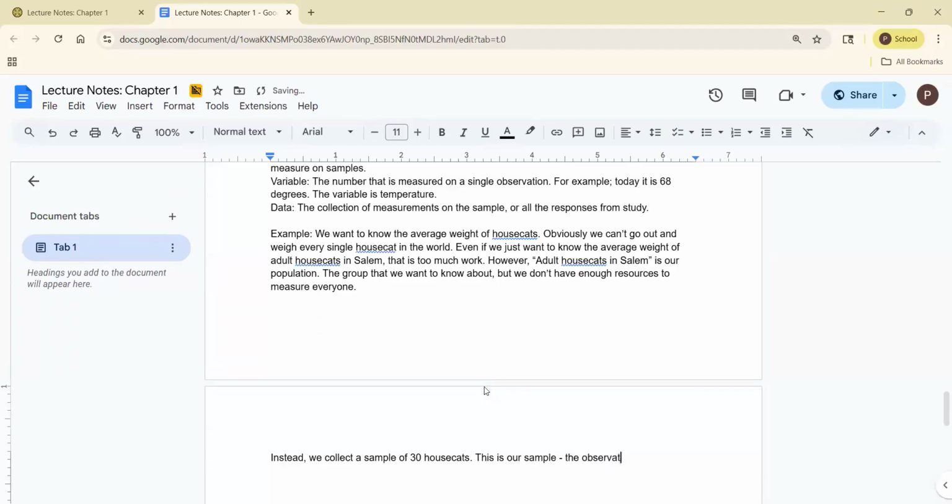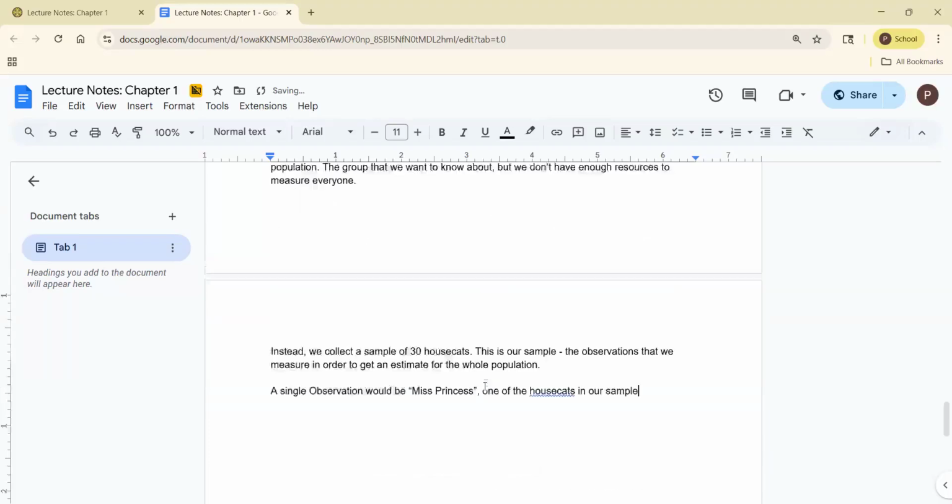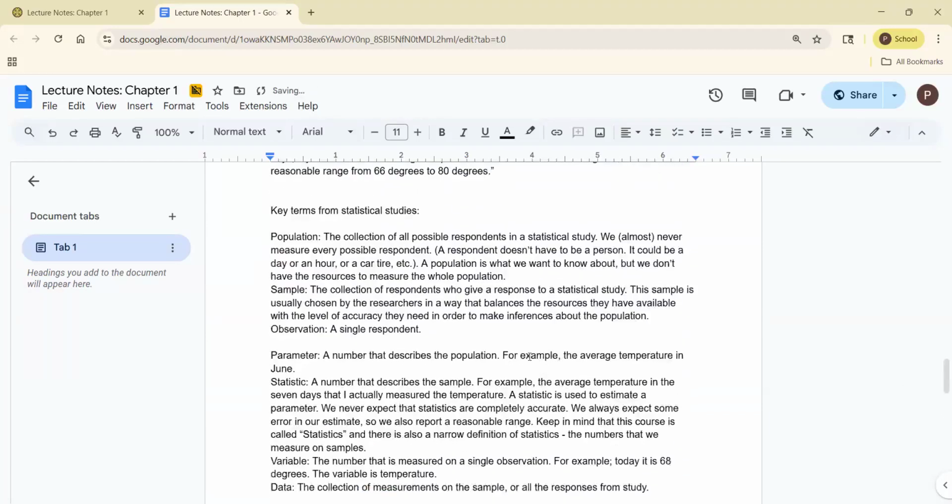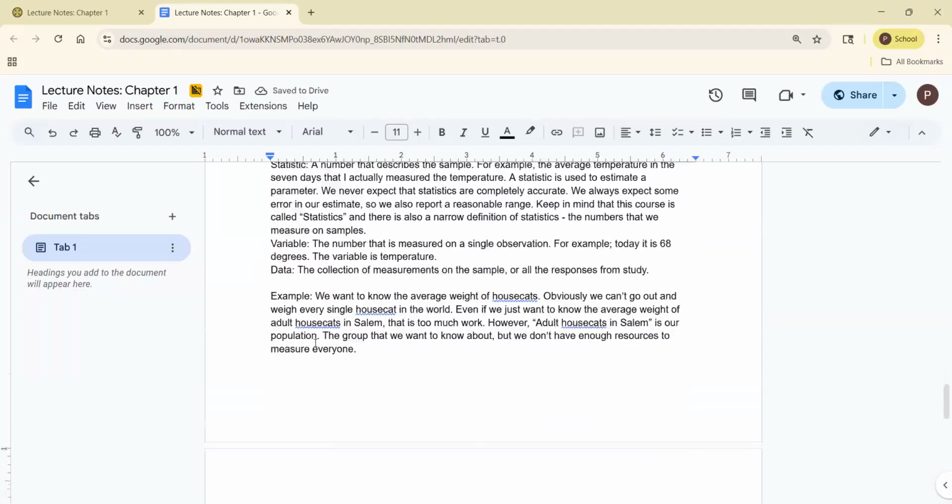The observations that we measure in order to get an estimate for the whole population. A single observation would be Miss Princess, one of the house cats in our sample. That's our population, sample, observation.